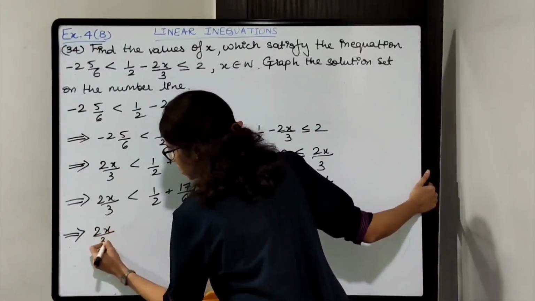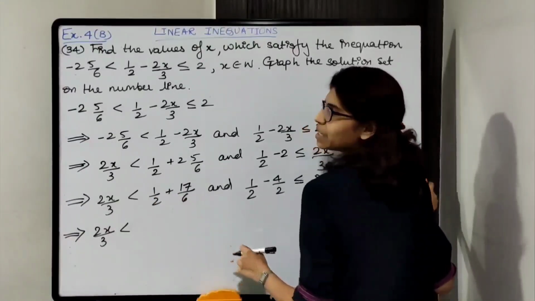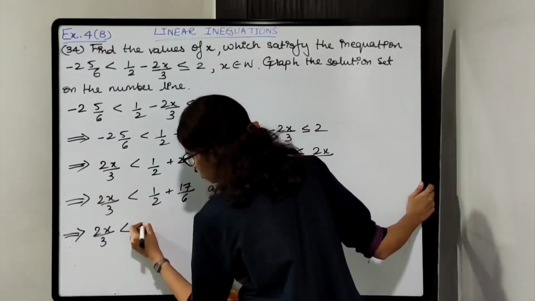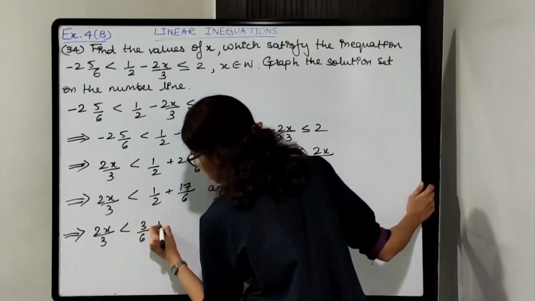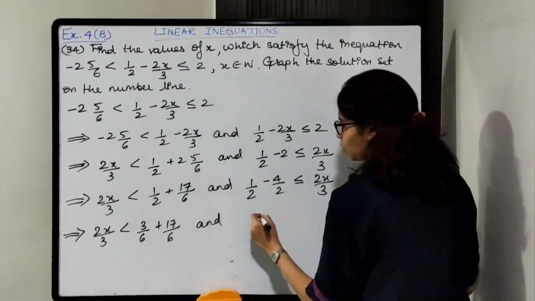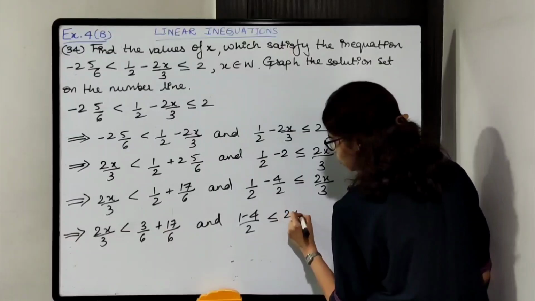2x by 3 is less than, we will take the LCM here, the LCM of 2 and 6 will be 6, so multiply and divide by 3. So 3 by 6 plus 17 by 6 and your 1 minus 4 by 2 is less than or equal to 2x by 3.